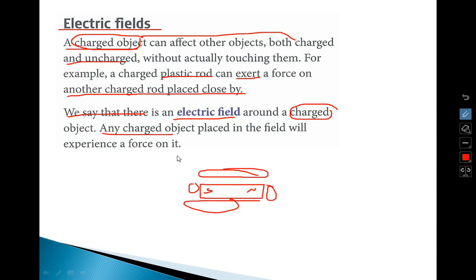Any charged object placed in this field will experience a force on it. This force could be repulsion or attraction.